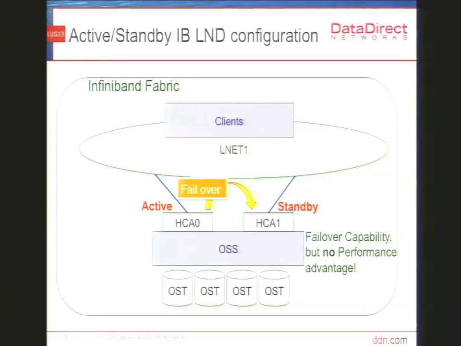Once the active path fails for a hardware reason, the bonding driver tries to fail over and select the slave interface. Once the failover is complete, the Lustre server reconnects to the client, and I/O goes back to normal. So this is a failover capability, but no performance advantage.